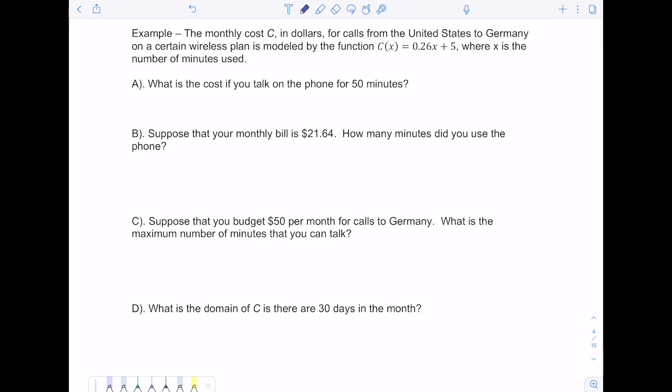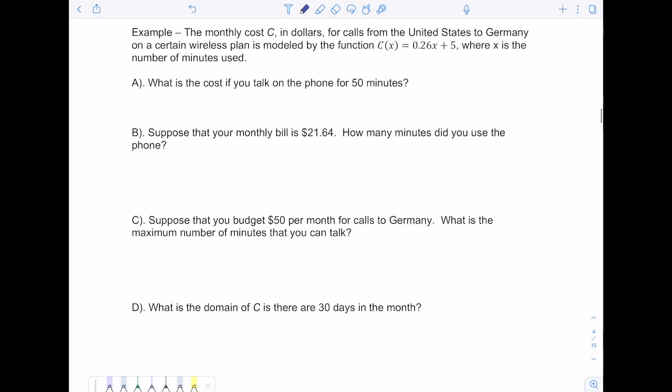So it says, what is the cost if you talk on the phone for 50 minutes? If you'll recall, the cost is the C, and 50 minutes is your x. So I'm going to take my function, C of x equals 0.26x plus 5, and I'm just going to replace the x with the 50.